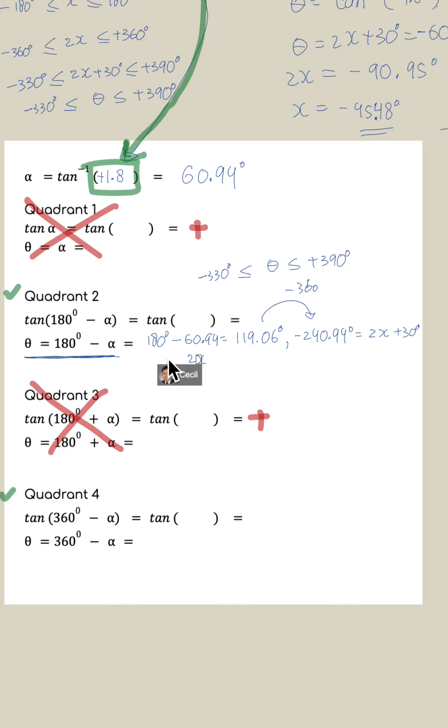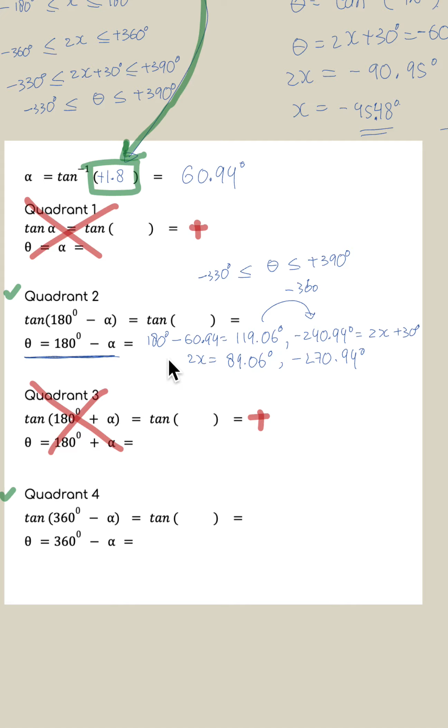Which means we can find the value of 2x here. How much is 2x? You minus away 30. So 119.06 minus 30 degree, you get 89.06 degree. The other one is negative 240.94, you minus away 30 degree, you get negative 270.94. Is this the answer yet?